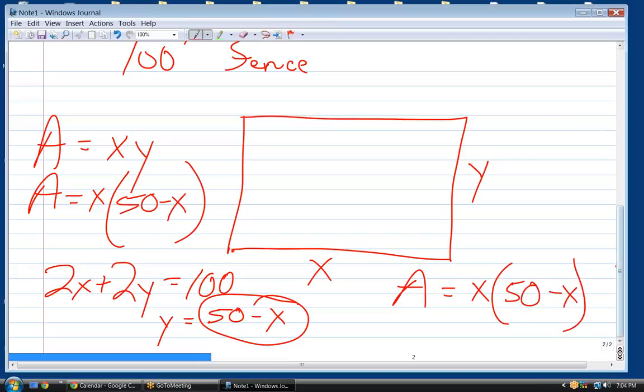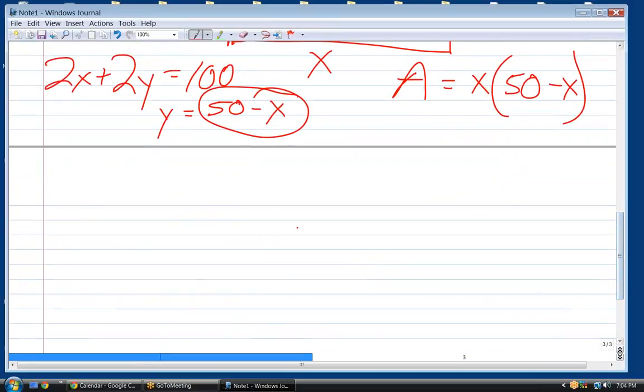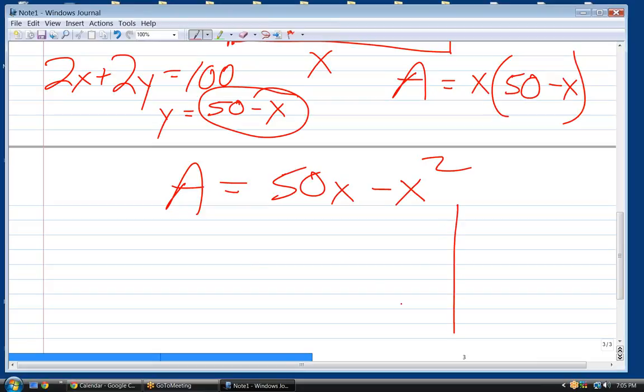Notice what that is. That's a quadratic. By the time I get done multiplying it out, I've got area equals 50x minus x squared. Aha! Well, that's a quadratic. It's a parabola. It opens down.